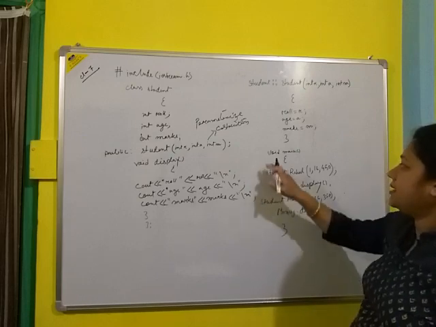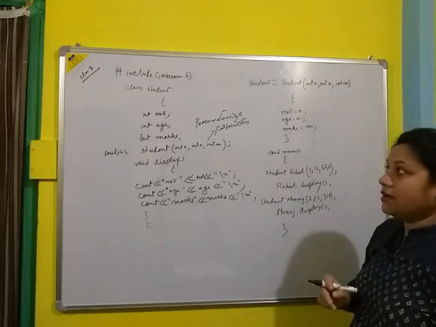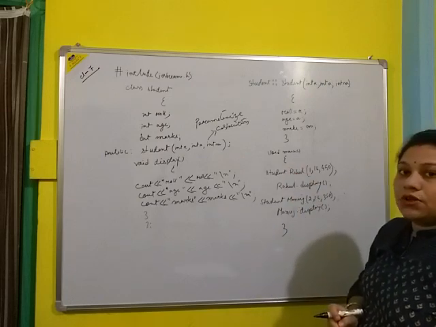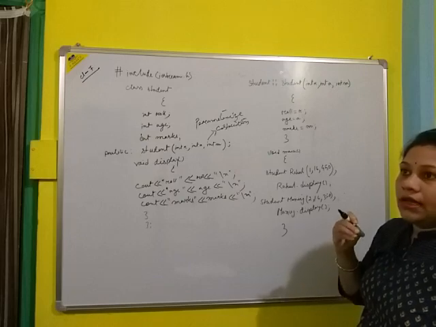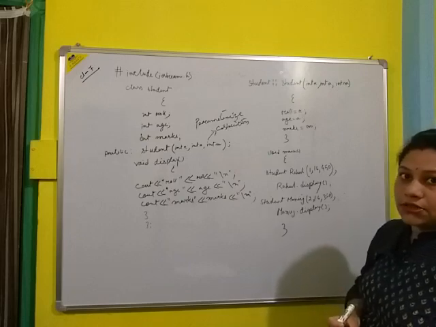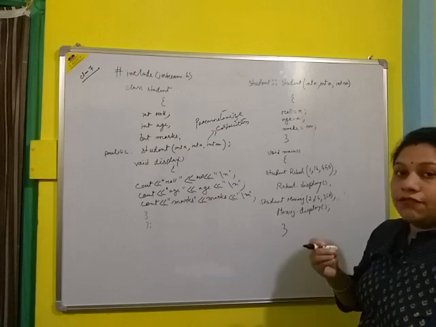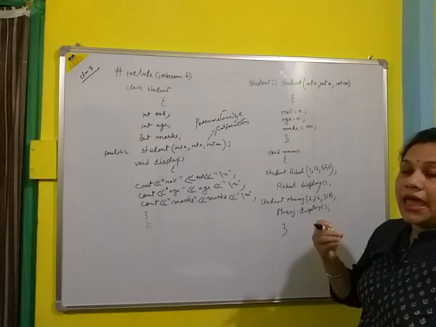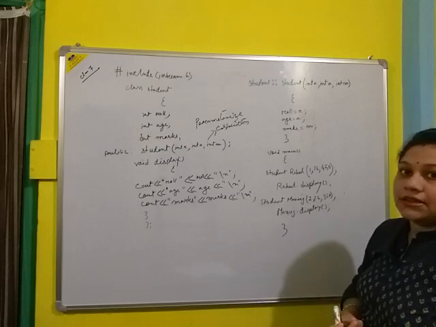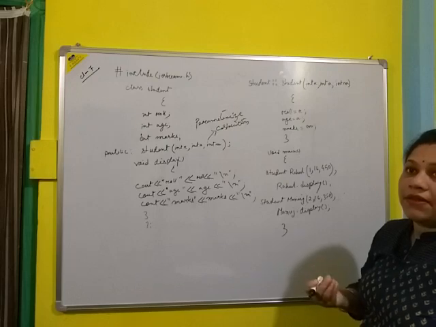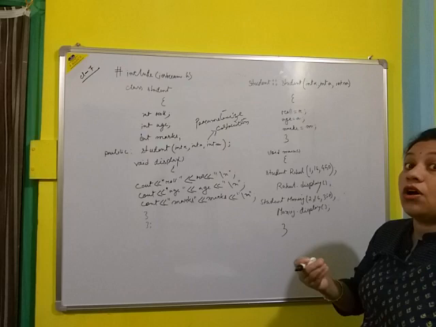After that inside the main function, as I told you, in the case of parameterized constructor, at the time of declaration of the object, if you do not pass the appropriate arguments of the constructor, then it may happen that the parameterized constructor may not work.